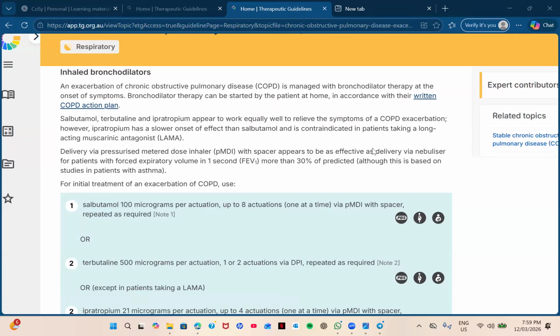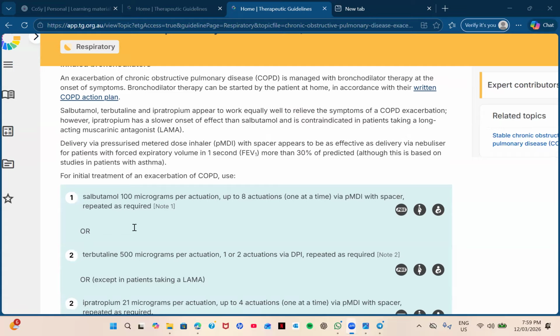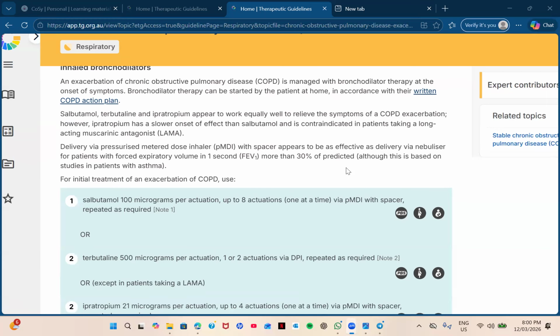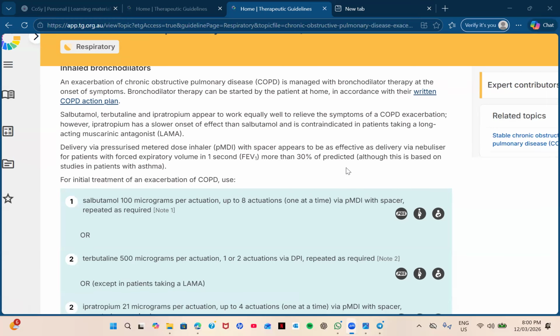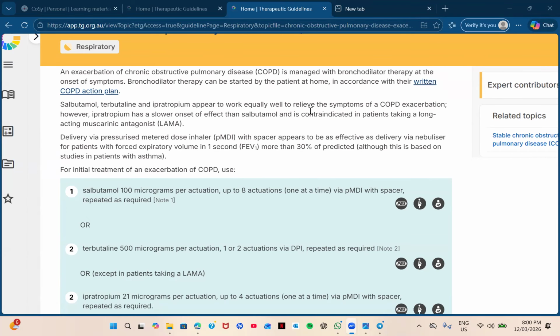Ipratropium, steroid. Okay, so let's discuss here. So we have to start with what bronchodilators, right? Inhaled bronchodilators. So salbutamol, terbutaline, and ipratropium appear to work equally well to relieve the symptoms of COPD exacerbation.